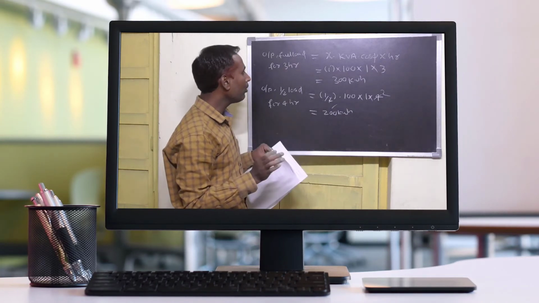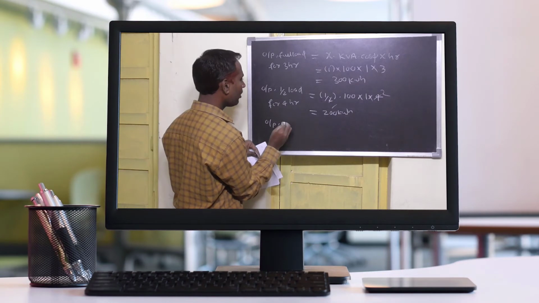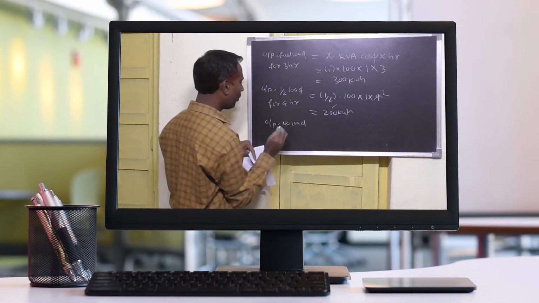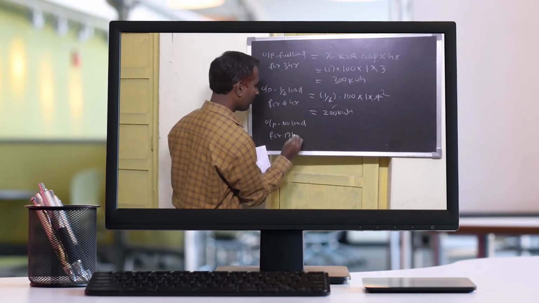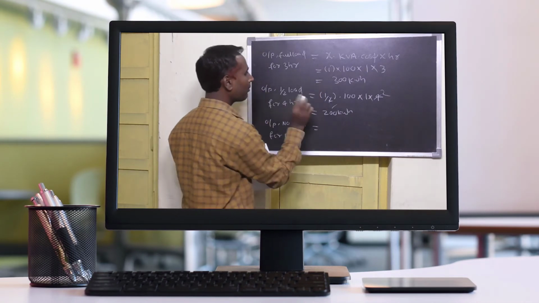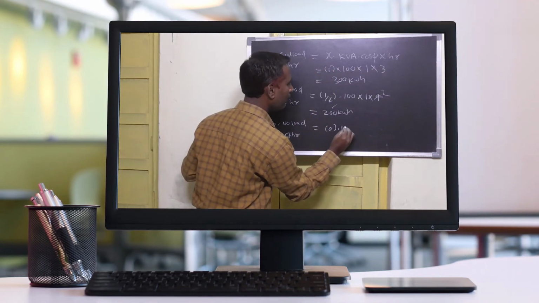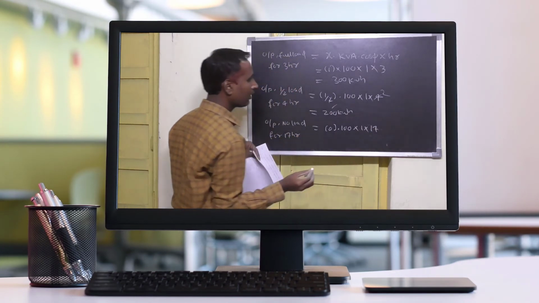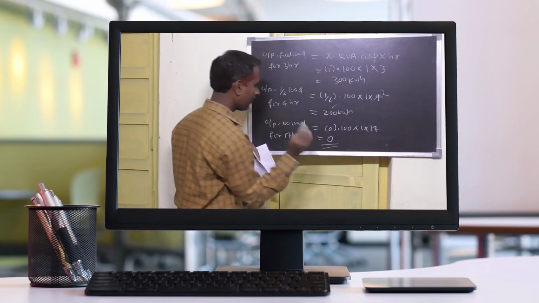Next, output at no load for the remaining hour. How much? 17 hour. Same formula, in place of x I will put 0. 0 into 100 into 1 into 17. Correct? 0 by anything is 0.